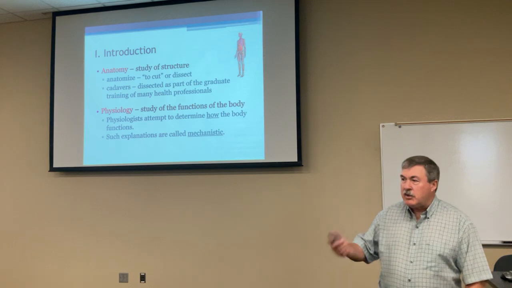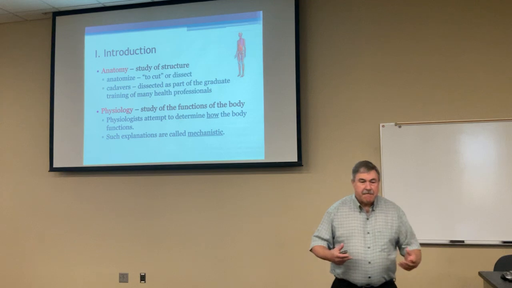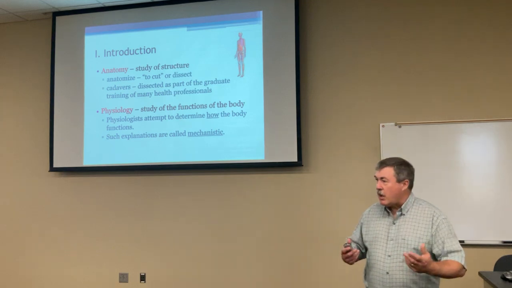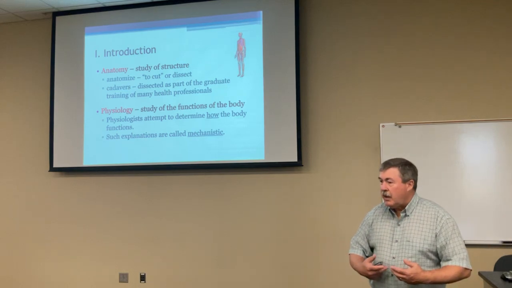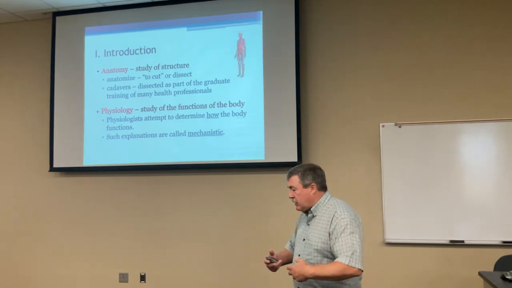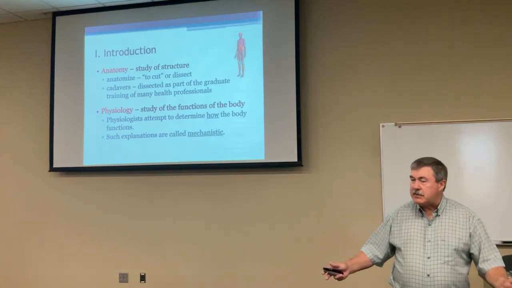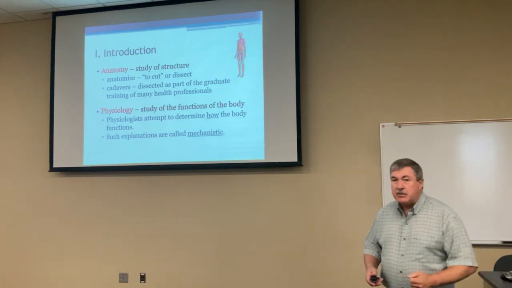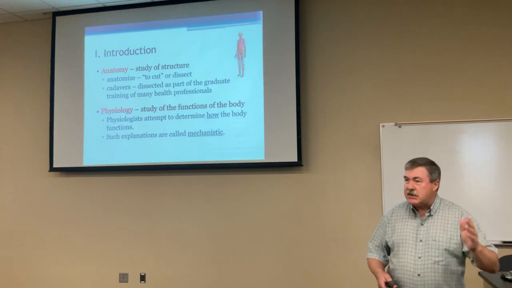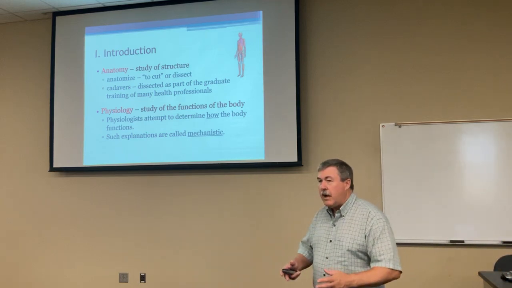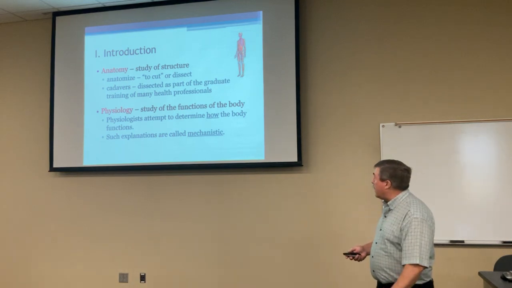because most functions of the human body require the work of more than one structure or more than one organ that all work together in a system. And oftentimes the functions require many different steps. And so a mechanistic explanation is an explanation of a step-by-step sequence by which the body functions to carry out one of the major functions of the body.